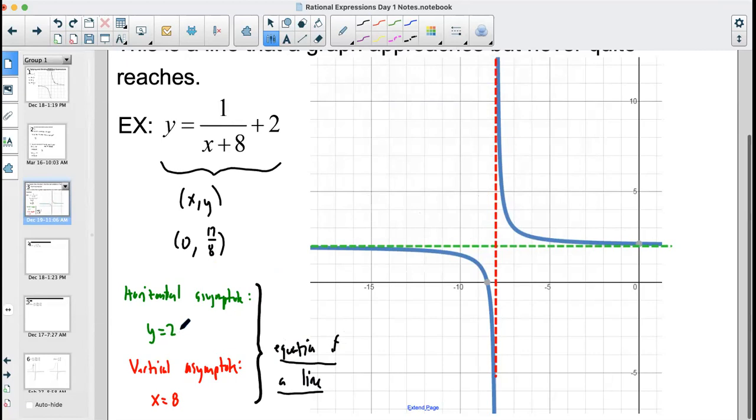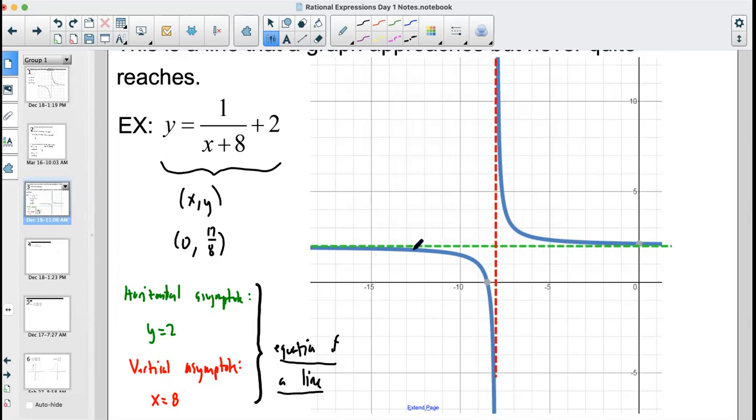It's not just 2. 2 is just a number. An asymptote is a line. So when you write the equations of asymptotes, make sure you're writing y equals or x equals before it as appropriate. Maybe you have some trick for remembering it, but horizontal asymptotes are always going to be y equals a number, and vertical asymptotes are always going to be x equals a number.